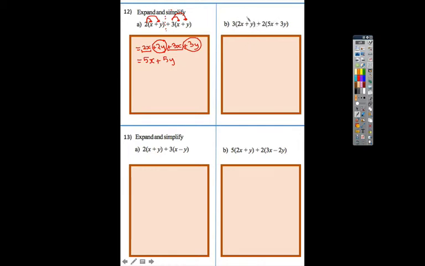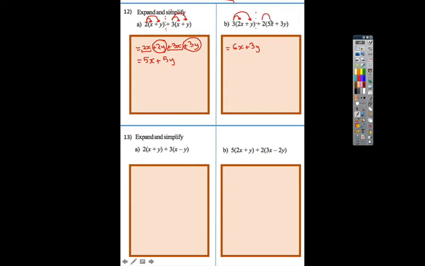Okay, this question here, again, we're going to pretend there's a barrier. We're going to deal with this bracket first, and then we're going to deal with that bracket, and then we're going to simplify. Okay, 3 times 2x is equal to 6x. 3 times y, so plus 3y.